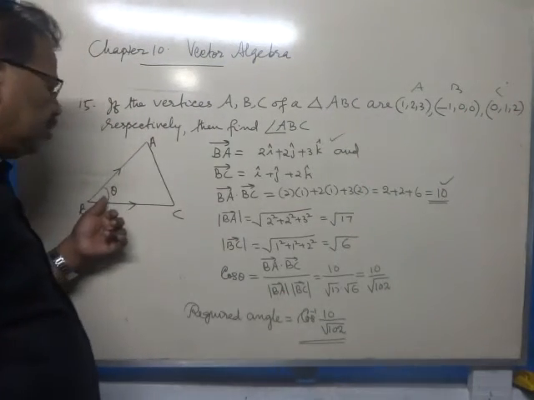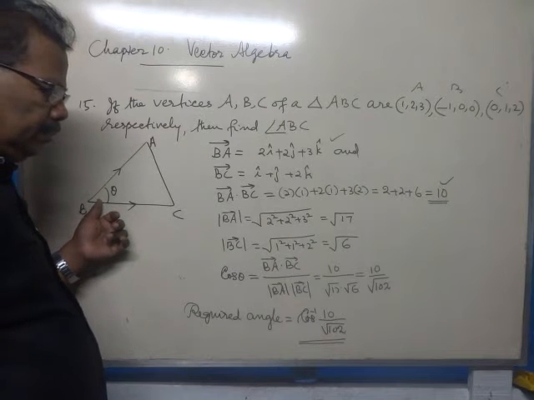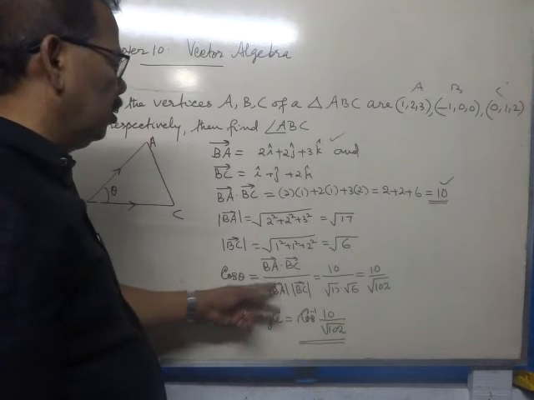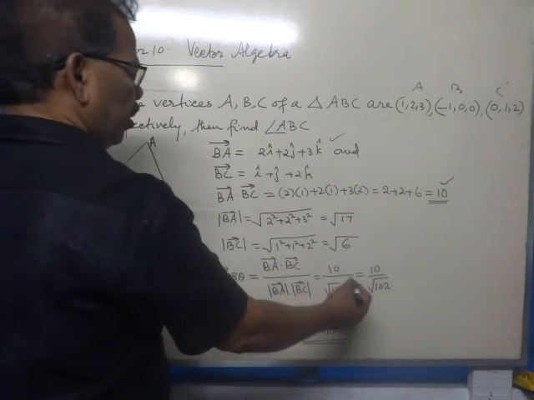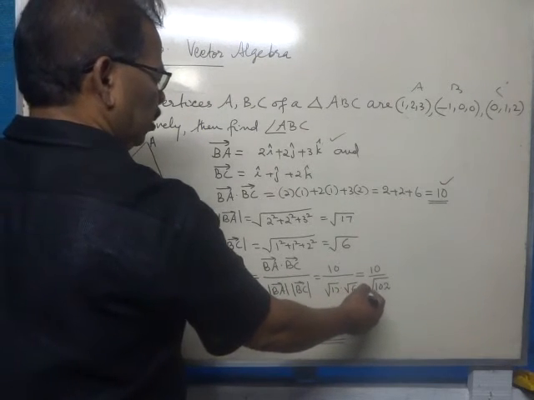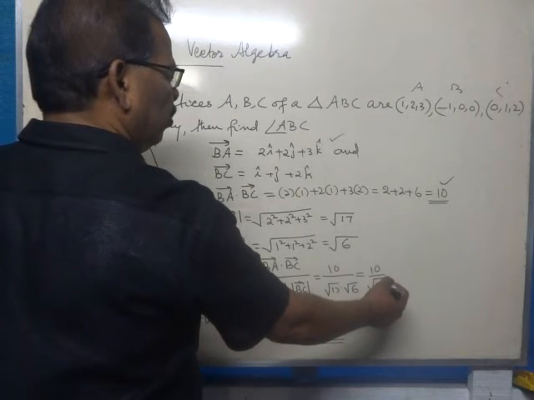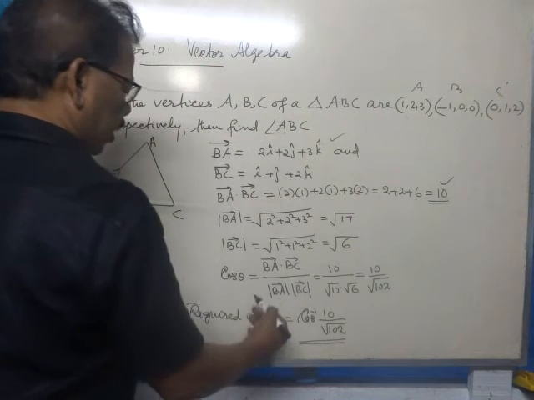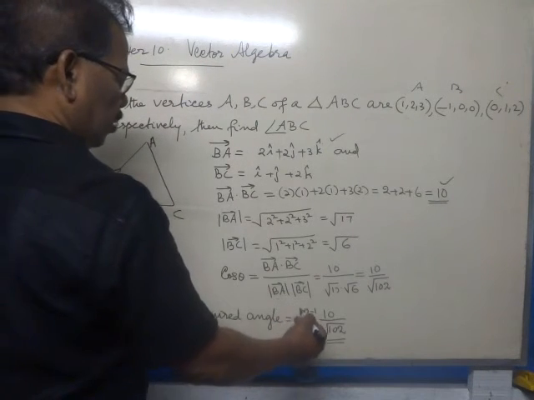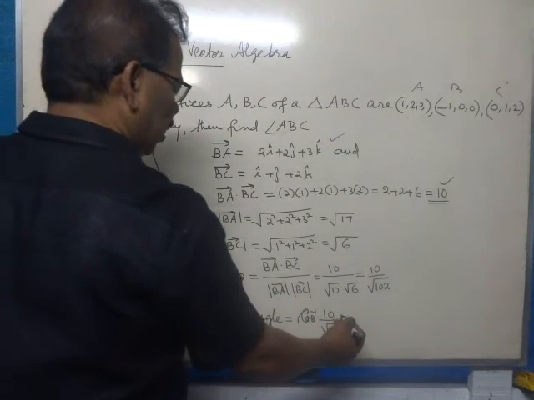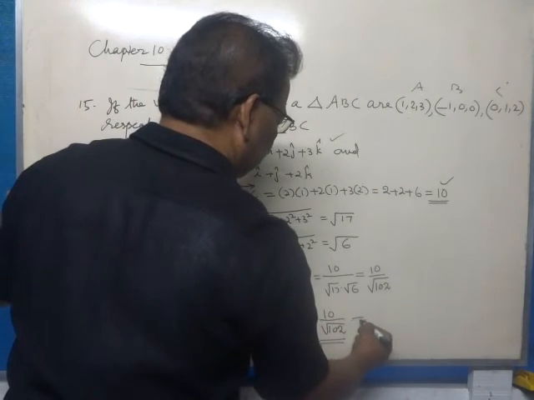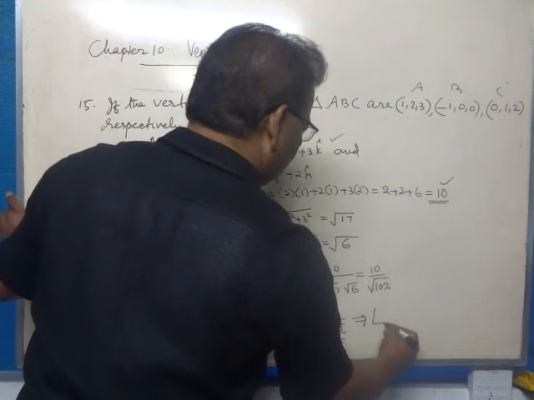If this angle is accounted to be theta, cos theta will be so much. That is 10 by square root of 17 into square root of 6. That is 10 by square root of 102. Therefore, required angle is equal to cos inverse 10 by square root of 102. That is angle ABC.